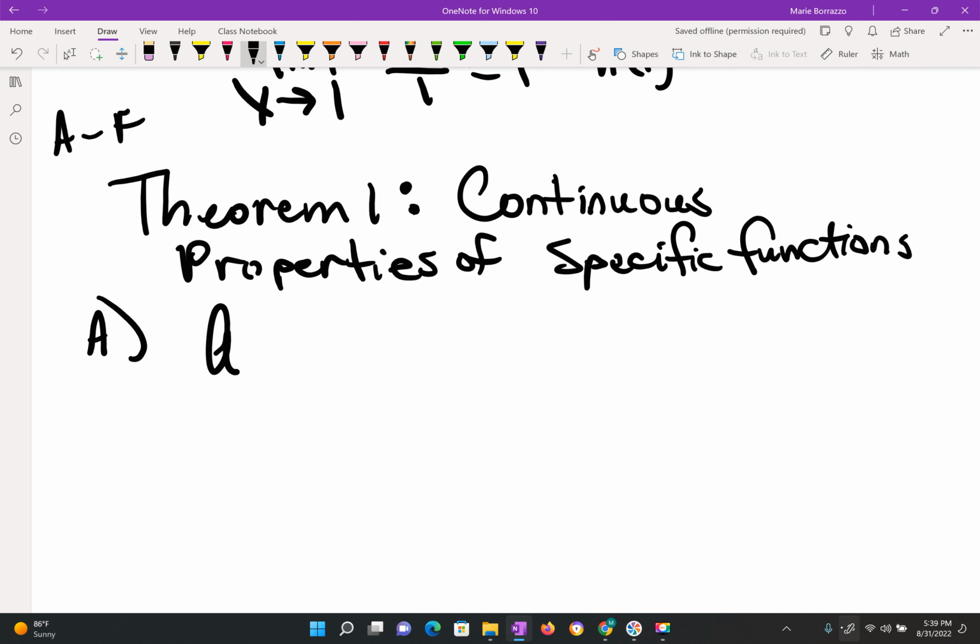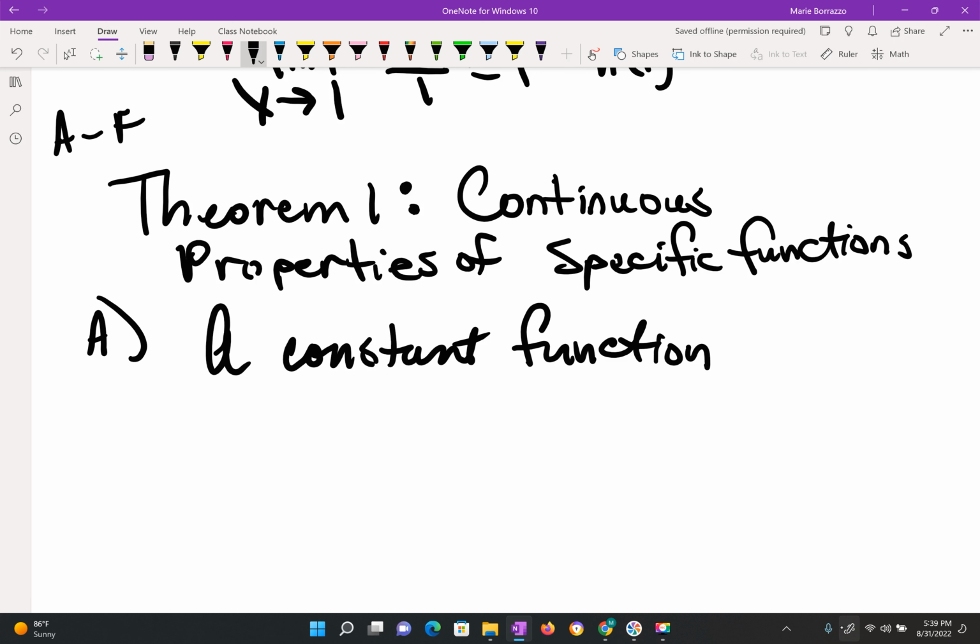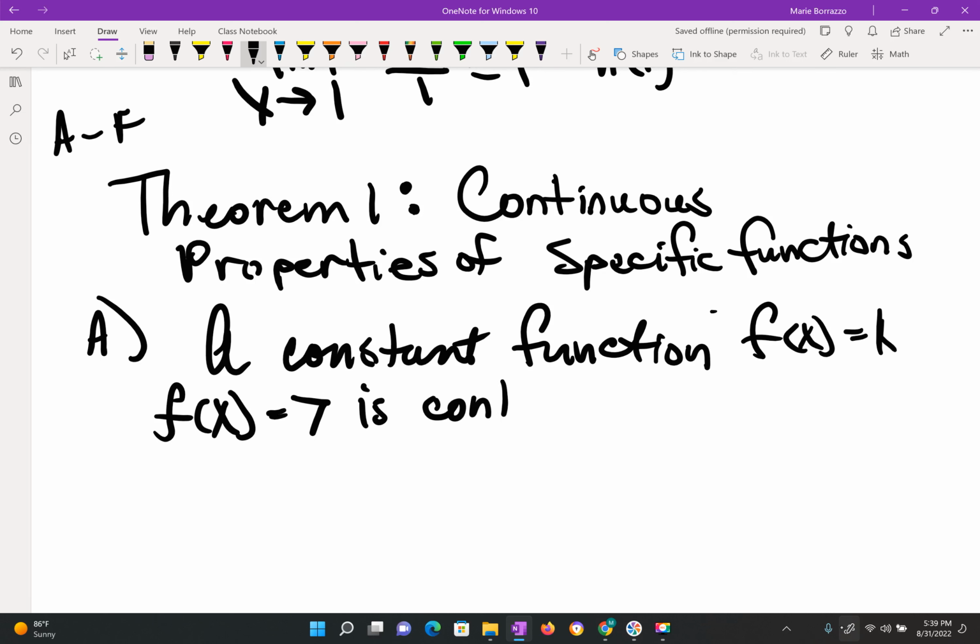So a constant function f of x equal to k, where k is a constant. For an example of this, if I have f of x is equal to 7, then it is continuous. This is important to remember. It is continuous for all x.